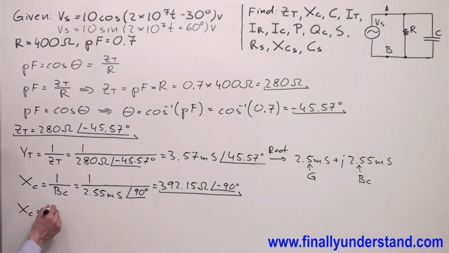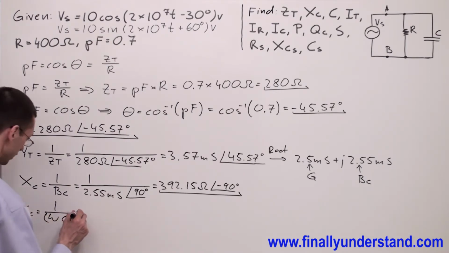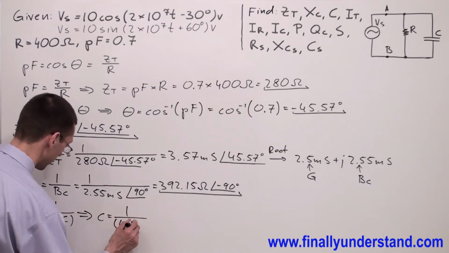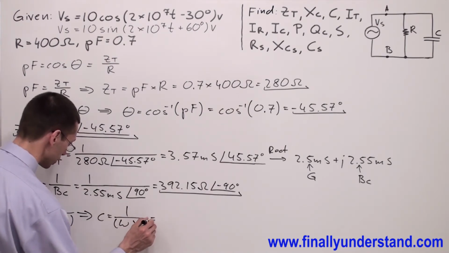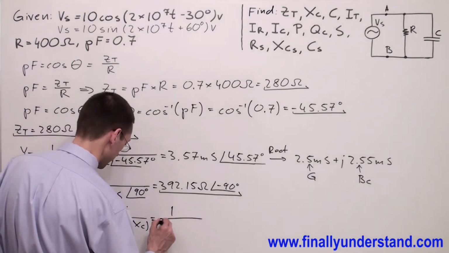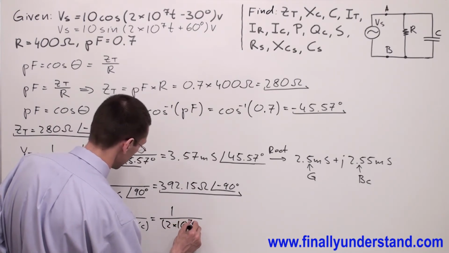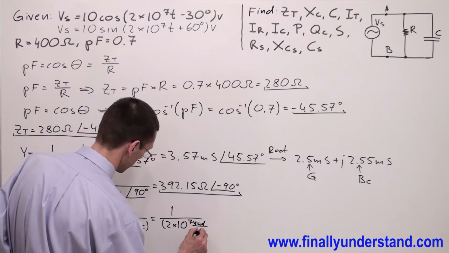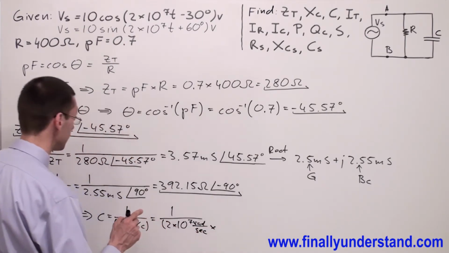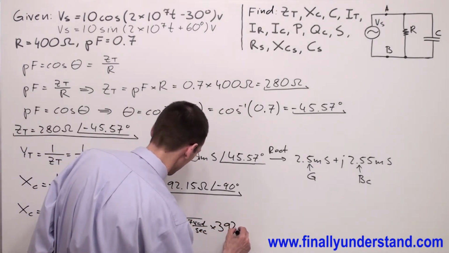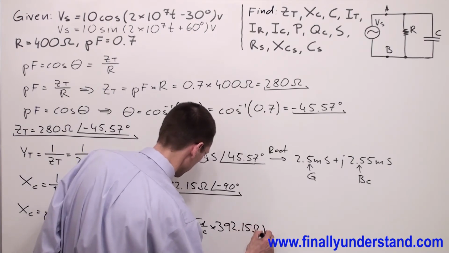X of C is equal 1 over omega C. I'm supposed to solve this formula for C. So C is equal 1 divided by omega times X of C, which is equal 1 divided by omega, 2 times 10 to the 7, of course, radians per second, times X of C, which is equal 392.15 ohms.